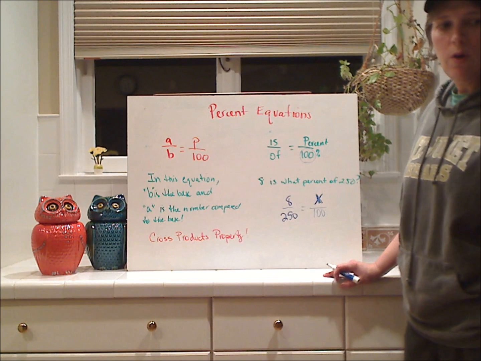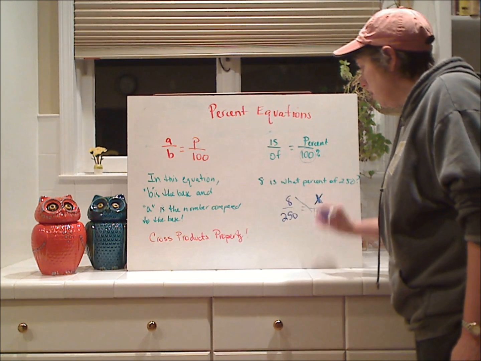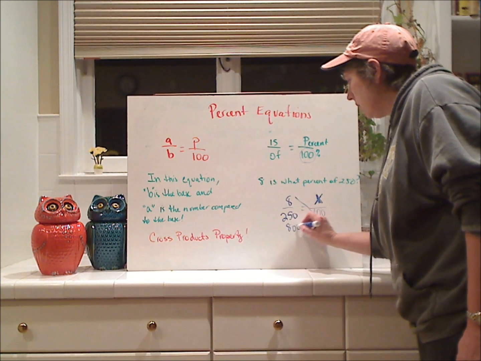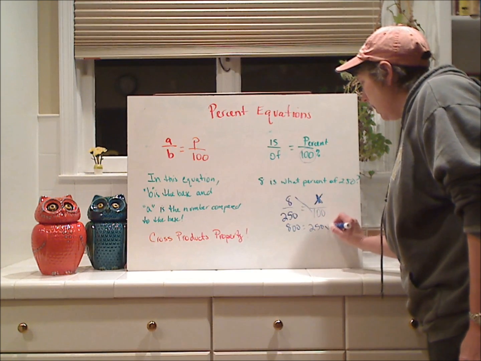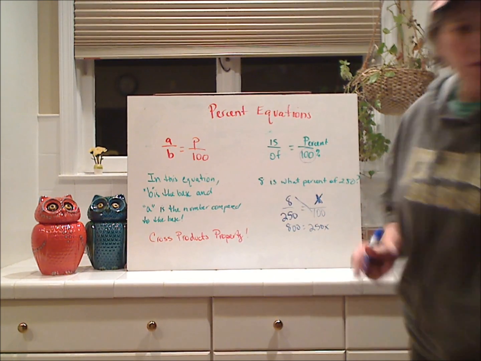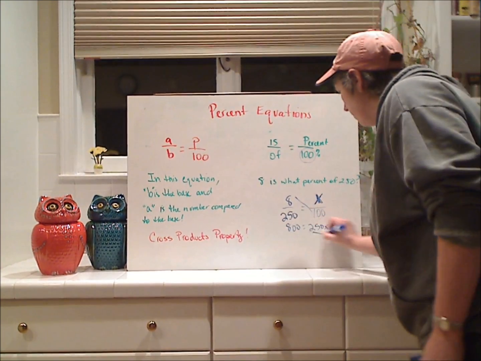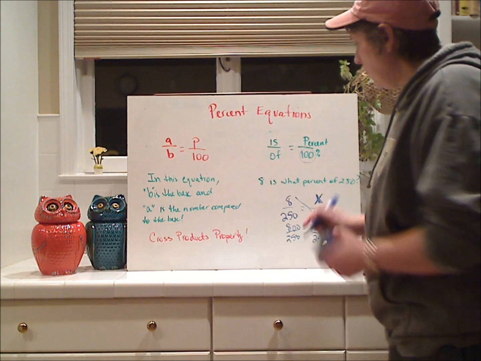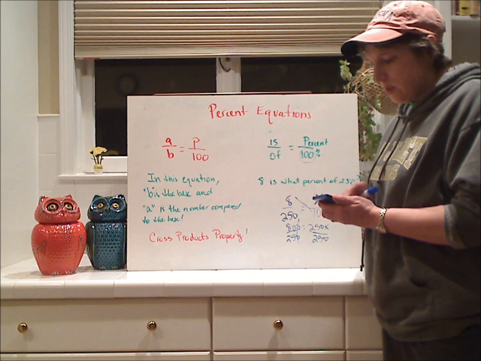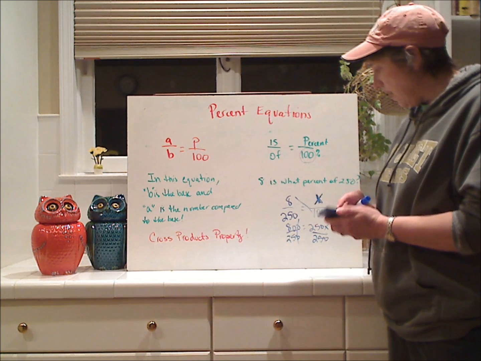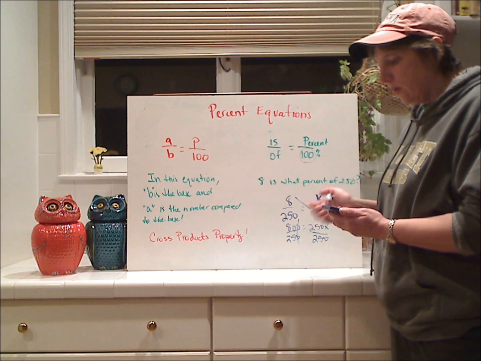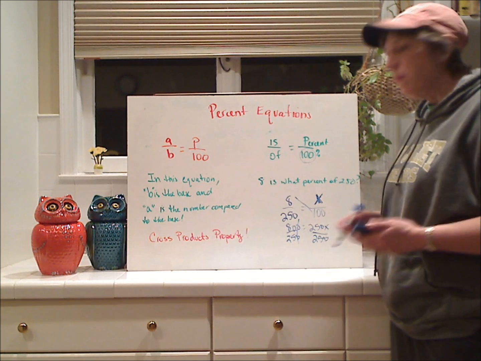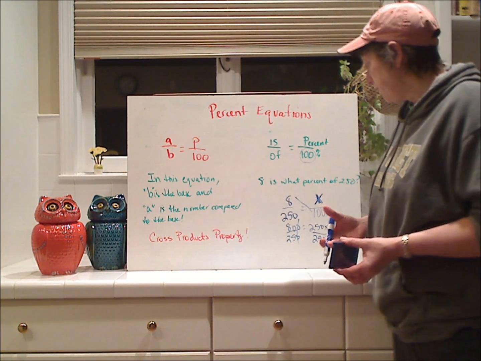We're going to use the cross products property, and we get 800 equals 250x. We're going to divide both sides by 250, and we can knock that off. So we get 800 divided by 250, or 80 divided by 32, and we get 3.2.